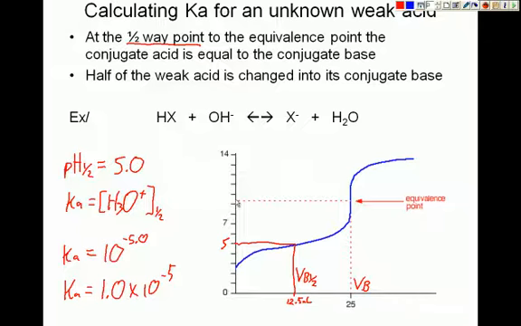We can see here that the pH is about 5 here, and it's 7, 8, 9, and 9.3 right here. So it does not mean half of the pH, it means half of the volume. And then we just simply read the pH at half the volume. So there's a bit of a distinction right there. And that's how you calculate Ka using this graph.